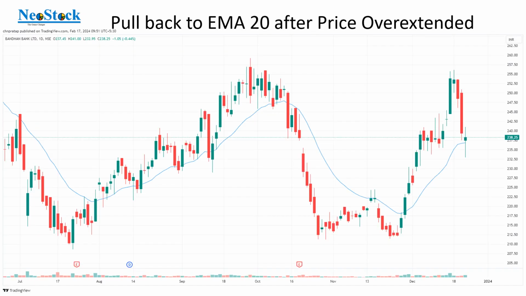See here what happened. The same stock, after it is overextended, the prices started moving down and finally reached the EMA 20.